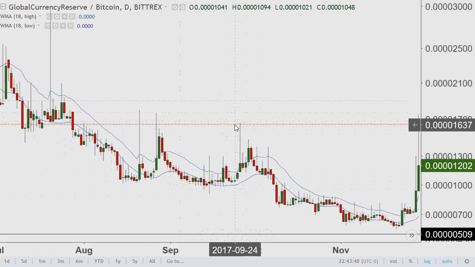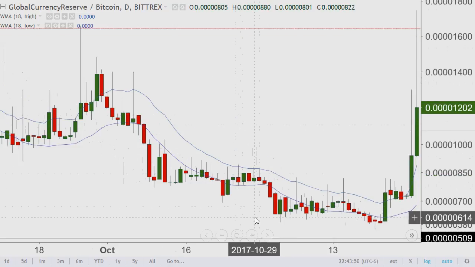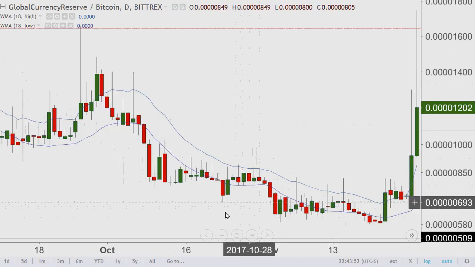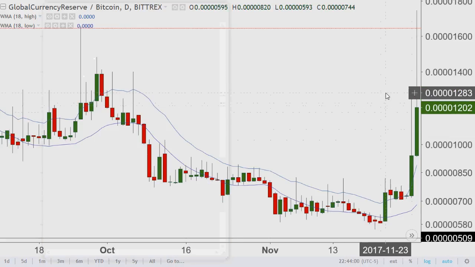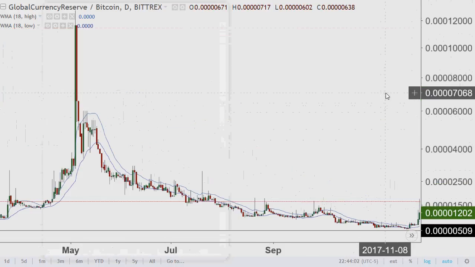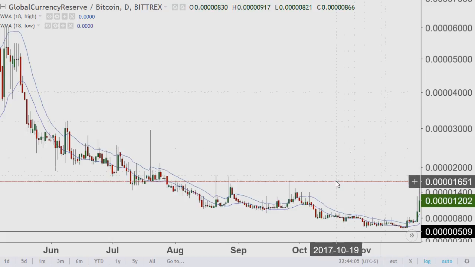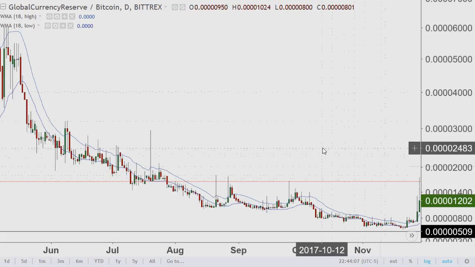So I probably take under 15. So 14.95 sell.